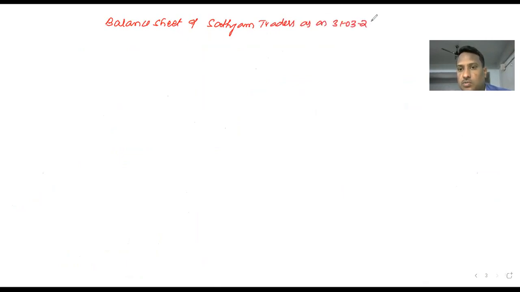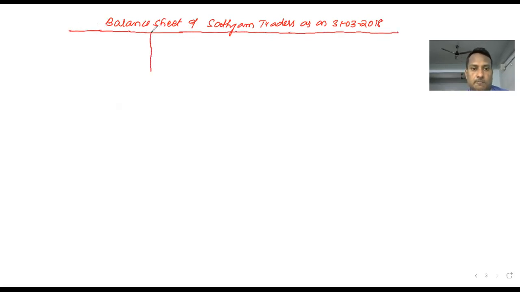Balance sheet of Satyam Traders as on 31st March 2018.